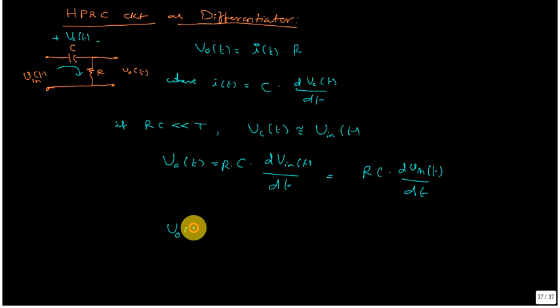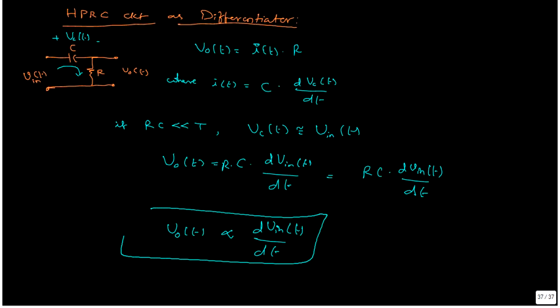That means V0 of T is proportional to dVin of T divided by dt. Output is proportional to the differentiation of input. From this we can say the high pass RC circuit is acting as a differentiator, but it is only valid for this condition: if RC is very small compared to T, then V0 of T is proportional to dVin of T by dt.